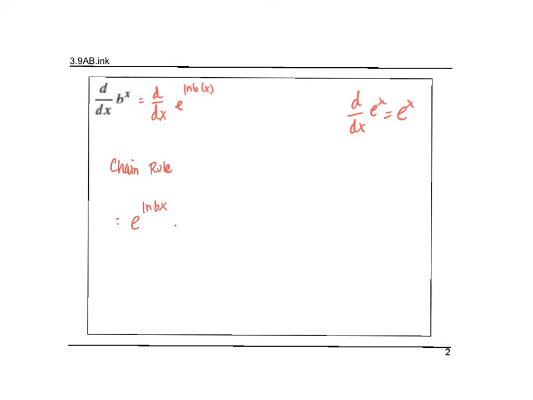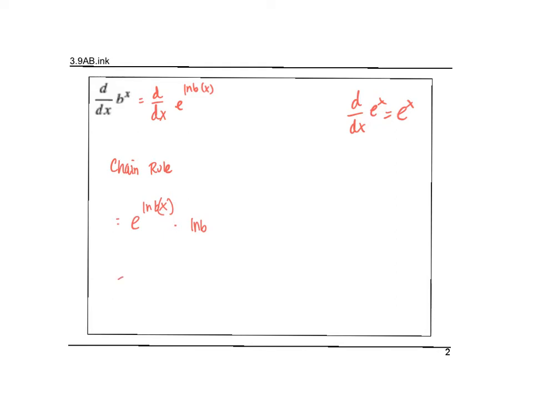And my inner prime, the derivative of ln bx, it's really just ln b times x is what's happening here. It's really just a coefficient. Ln b is an irrational number. X is a linear term. So the x would disappear and we would just have this ln b.